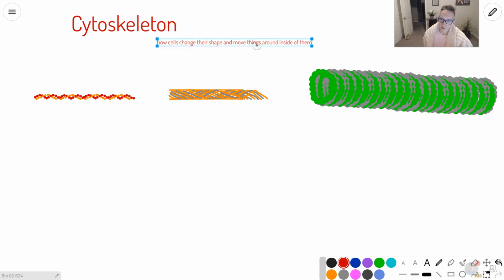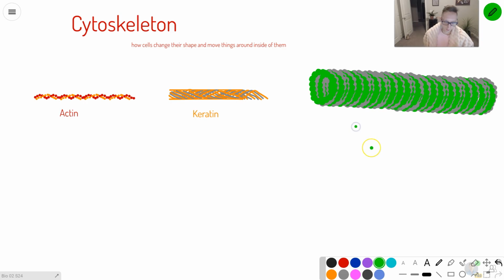And we already saw a little bit of this actually with all of these. So I'm going to go through and label these. What is this over here? This is the actin. This is an actin filament. This here would be keratin. Keratin. Maybe you've heard of that one. And this one would be microtubule.